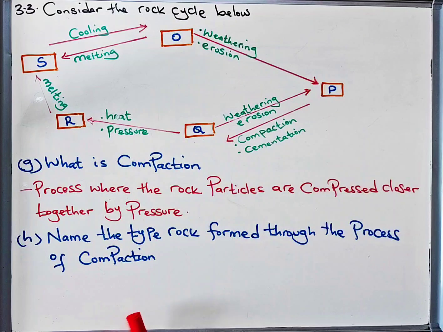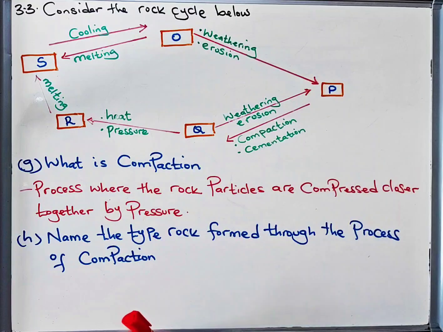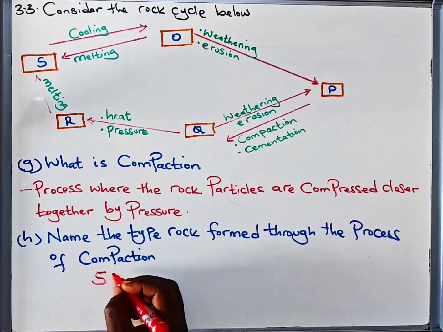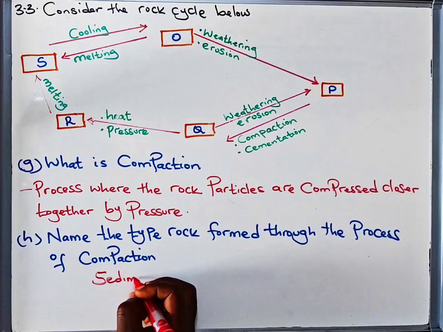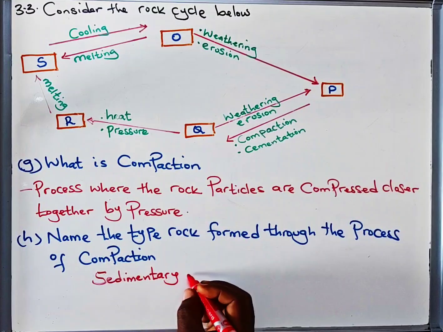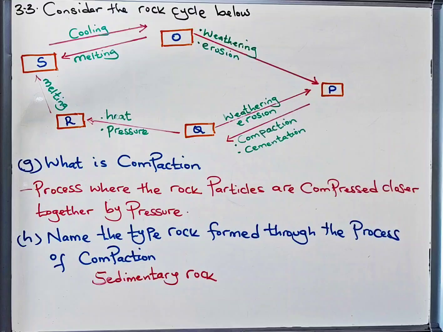It says, name the type of rock formed through the process of compaction. Of the three types of rock, which one is formed through compaction? The rock is sedimentary rock. Yes, that is it.